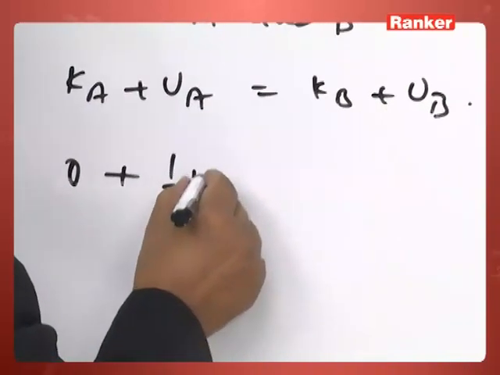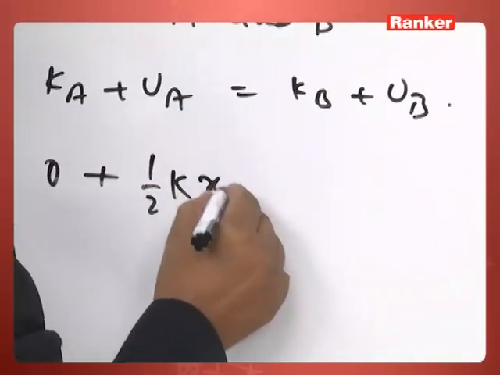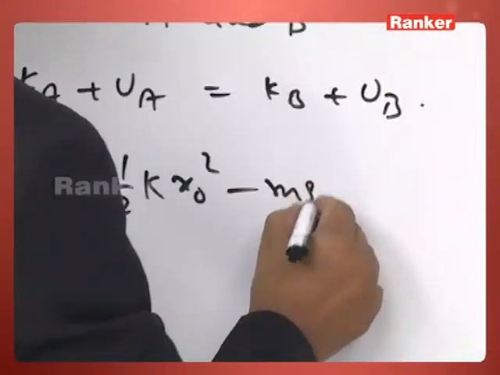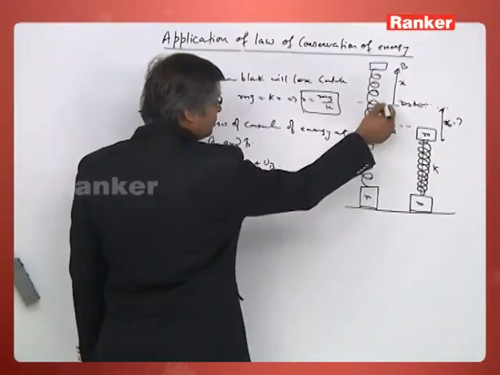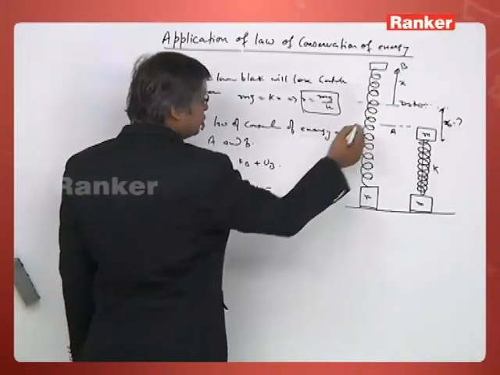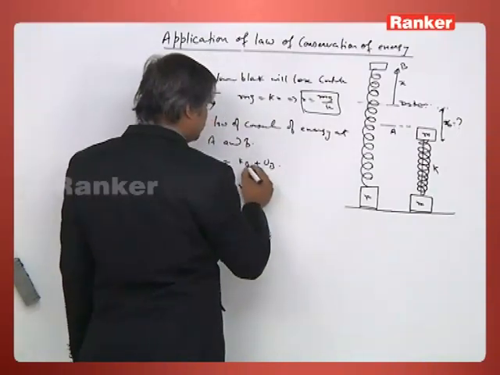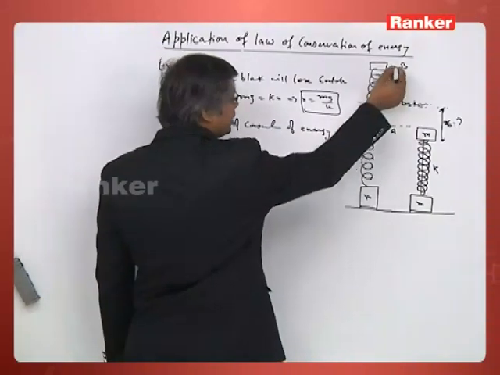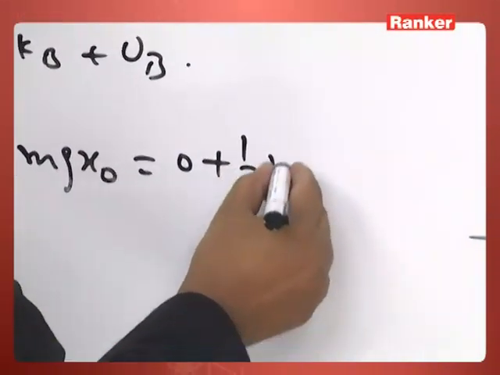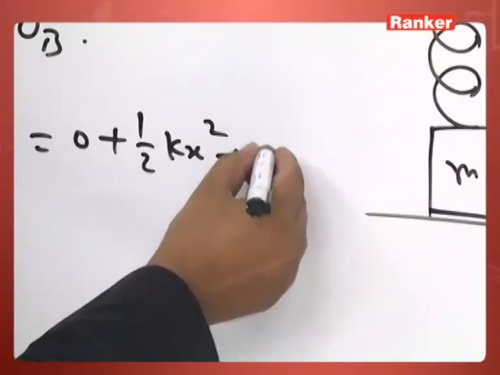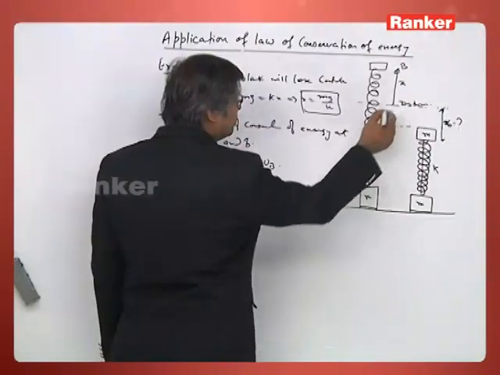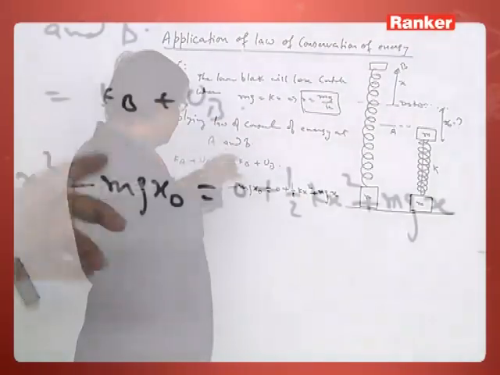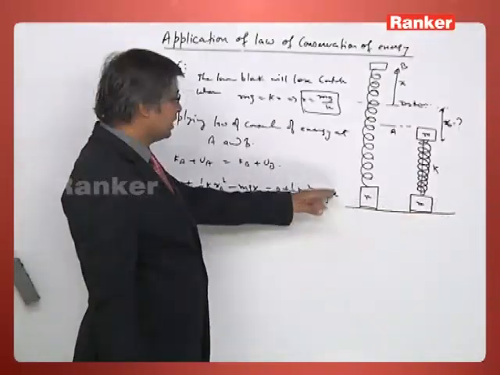Elastic potential energy of the spring is half kx naught square, and gravitational potential energy is minus mg x naught. This is x naught. At B, the kinetic energy is 0, then the elastic potential energy is half kx square and the gravitational potential energy is mgx.